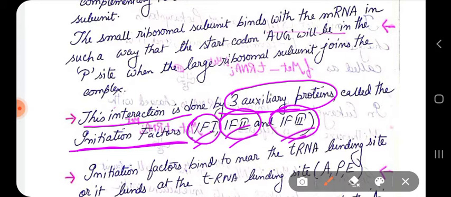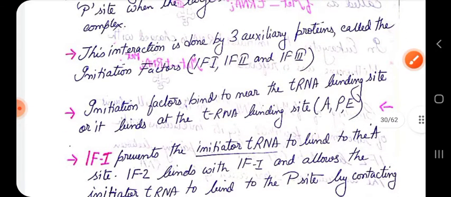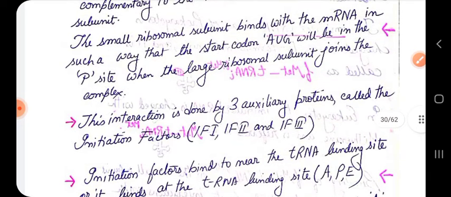Okay, so what is the function of these initiation factors and how do they arrange the ribosome in such a way that the start codon will be located within the P site? Let us see.